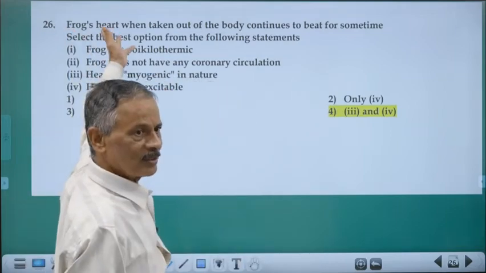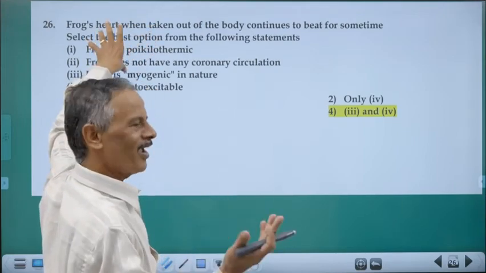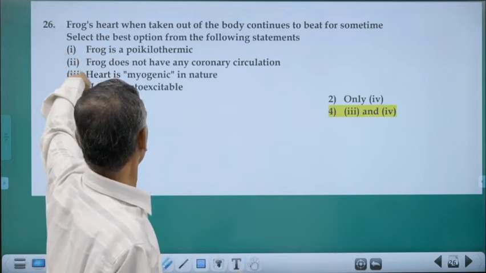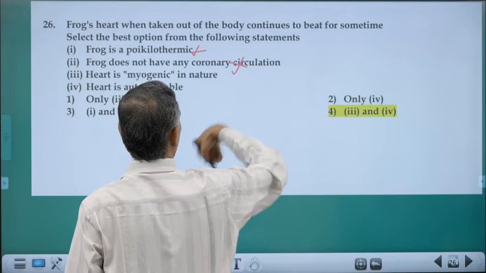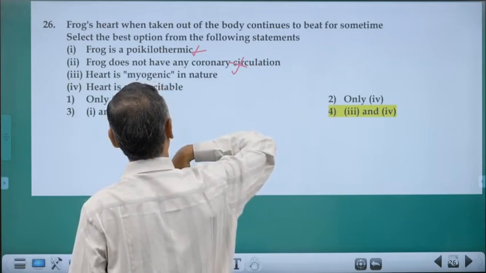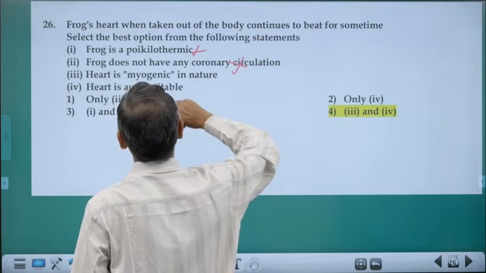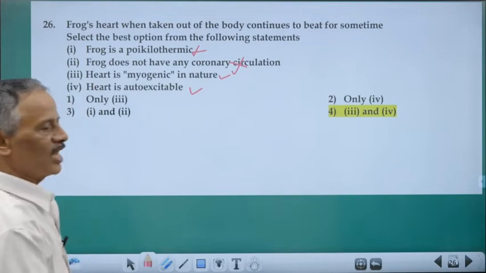So, frog is only a typical one, just to confuse you. It may be a frog, man, or any mammal or any other vertebrate. Frog is poikilothermic, no. Frog does not have any coronary circulation, no. Without coronary circulation, how do the walls of the heart receive oxygen? Heart is myogenic in nature. It is auto-excitable, self-excitatory.